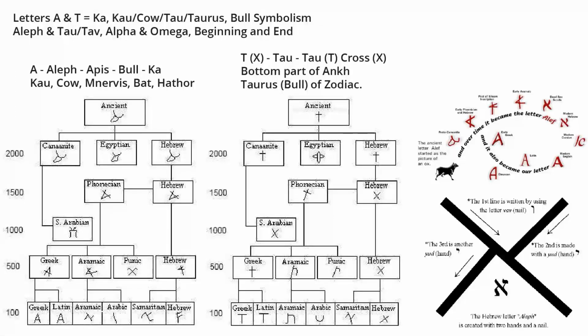Infographic number 4, here we just have a proof of where the A comes from in a chart that the site has, as well as the letter T. So you have A again, the ox, bull, cow head, and then the Phoenician sideways A, and then you even have the Punic here as an X. As I've shown in the previous infographics, on the sidebar on the right, I had the Ka, and then two lines of the 2 arms, then we cross that to make an X. You tilt it 45 degrees, you get the T from the X. The T, you put the Ankh, and then you remove the Ankh, and you get the Tau cross.